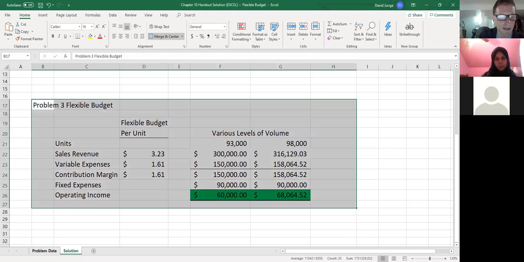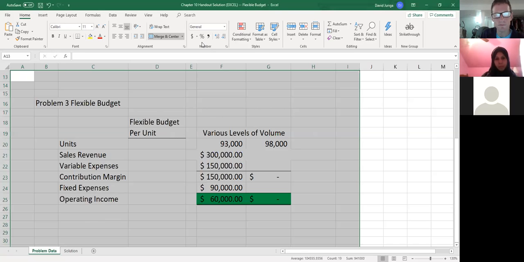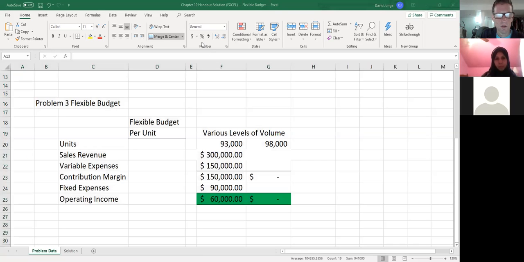So having said that, once we figure out these numbers, which again is our per units, we can then apply that at 98,000. And of course, that'll then help us figure out what our totals will be at the 98,000 units.